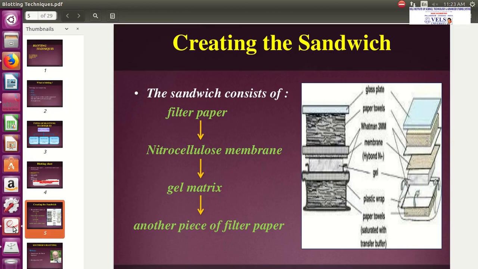Paper towels means we fold the papers and keep them like a towel.